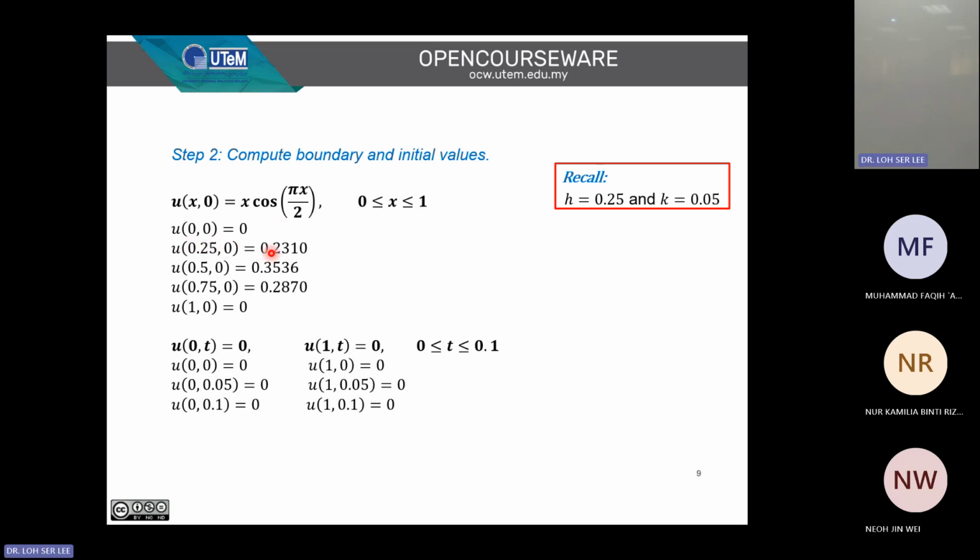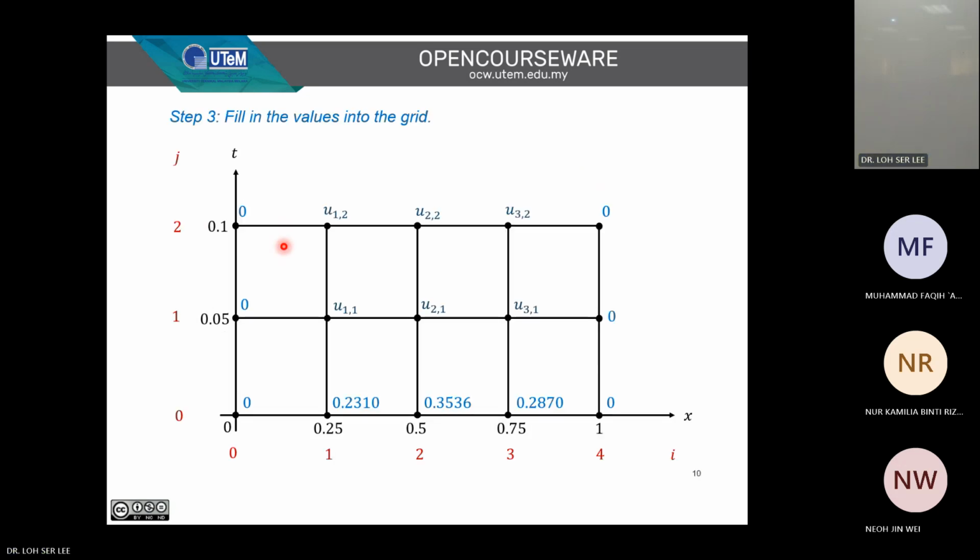U(0.25, 0) is this, so 0.25 and 0 refers to this point. For this point, the value is this one. And so on, we will fill up the values. This is the initial condition. Initial conditions will give you the values for this first row.